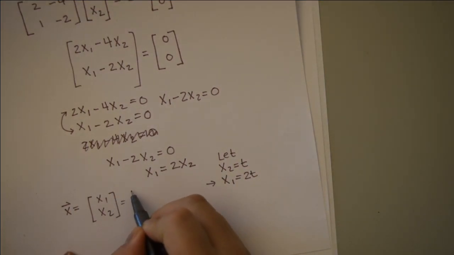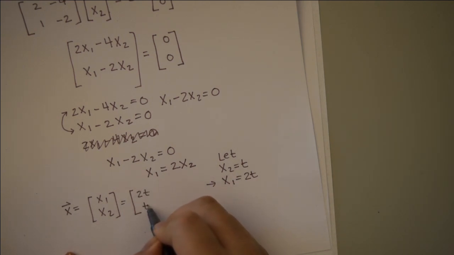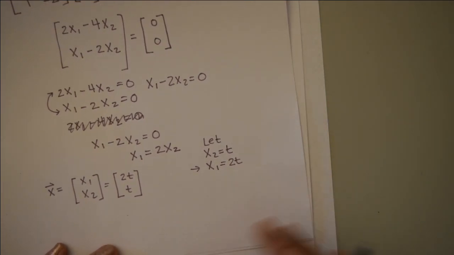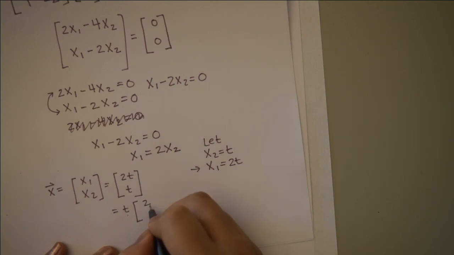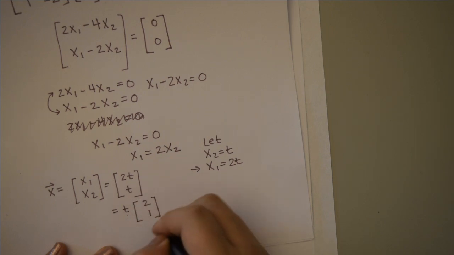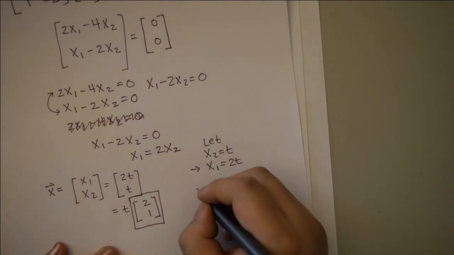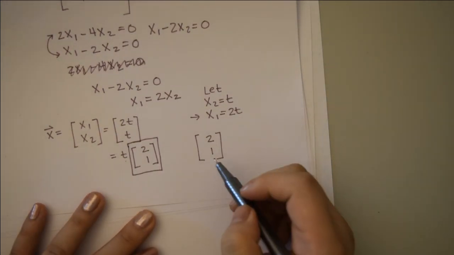So then I would get x1, x2 is 2t and t, where t is just some constant. And so then I can pull the t out here, and I would get 2, 1. And that is my eigenvector. 2, 1 would be my eigenvector, corresponding to lambda equals 4.